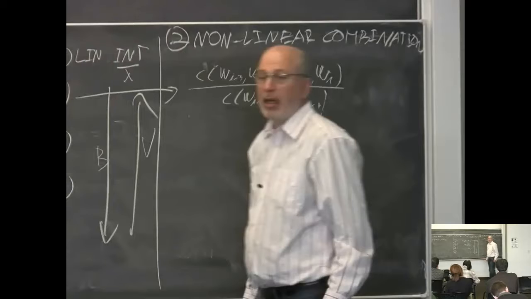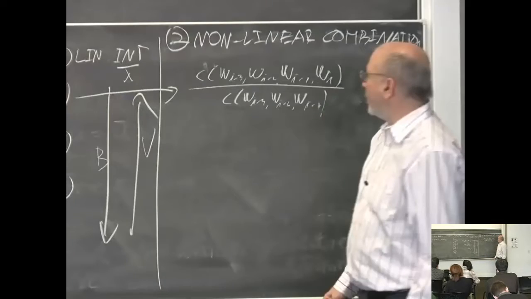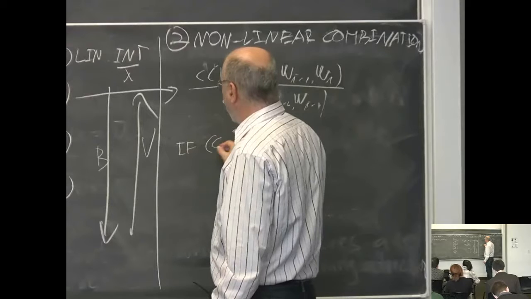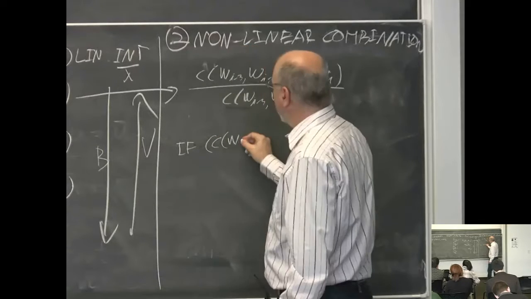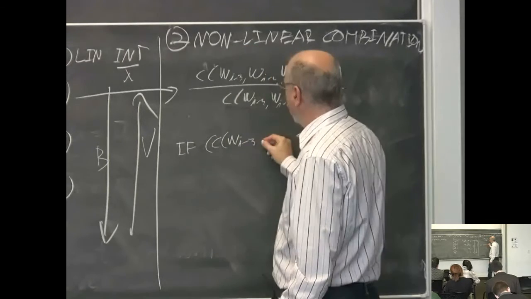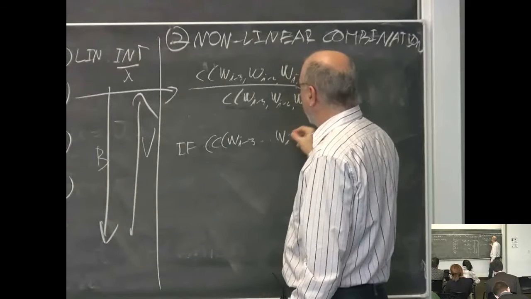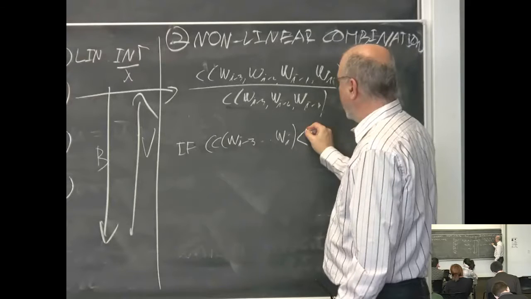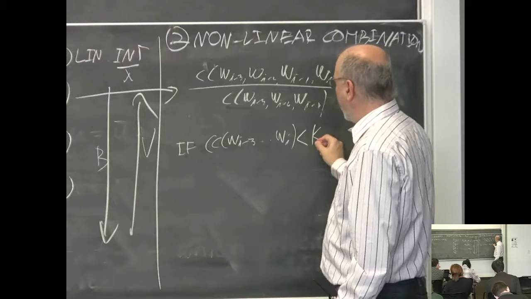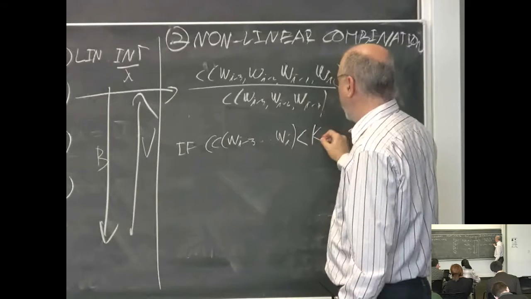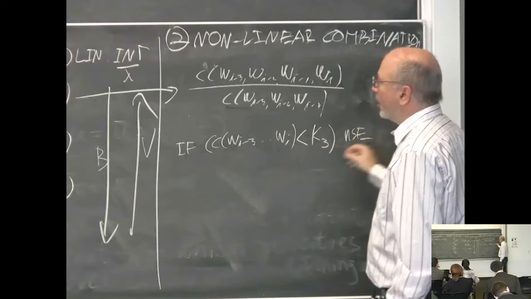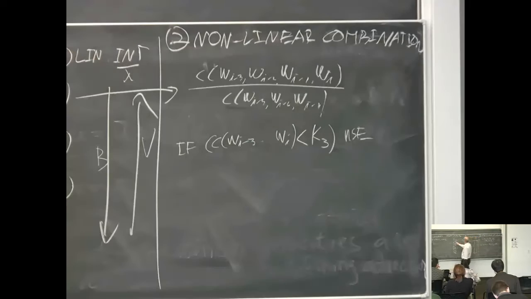So I can make a nonlinear decision. If the count of w_{i-3} through w_i is less than some constant k1, or call it k3, use this model, which is a 4-gram, right?